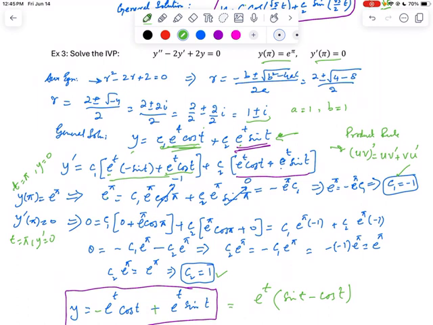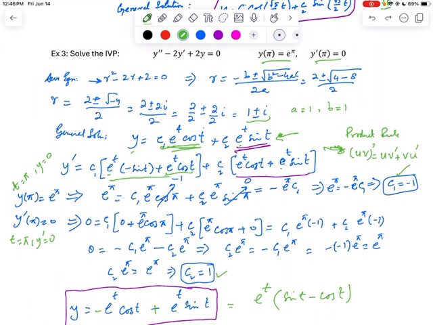I use the product rule, which I have mentioned over here. Keep the first function as it is, multiply by the derivative of the second: e to the t times the derivative of cosine t, which is negative sine t, plus, keep the second as it is and take the derivative of the first. But the derivative of e to the t is just e to the t.